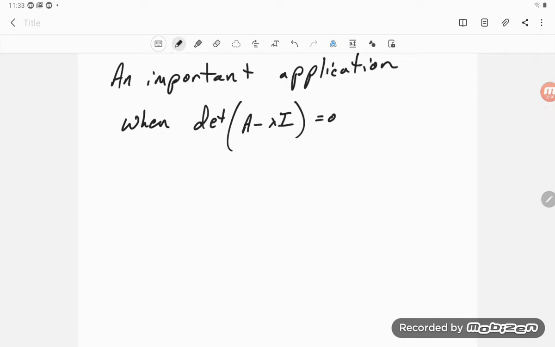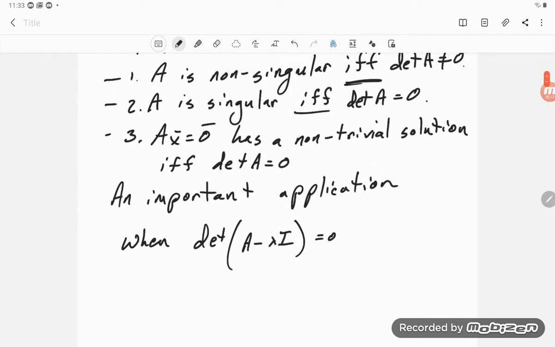Okay, so what you're asking is, again similar to these, when is this matrix singular?